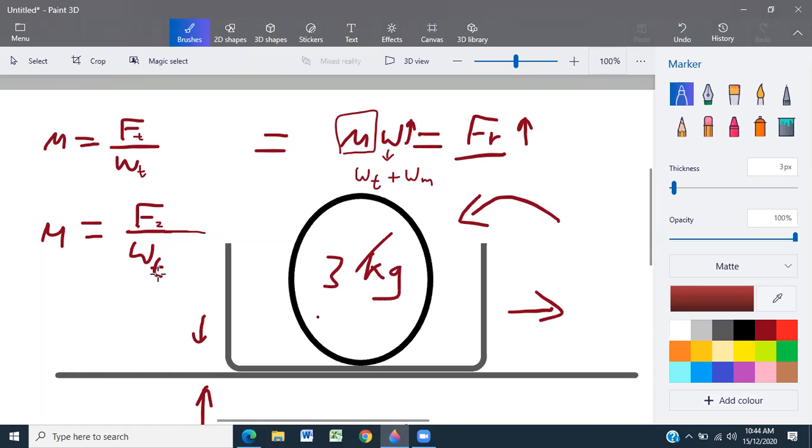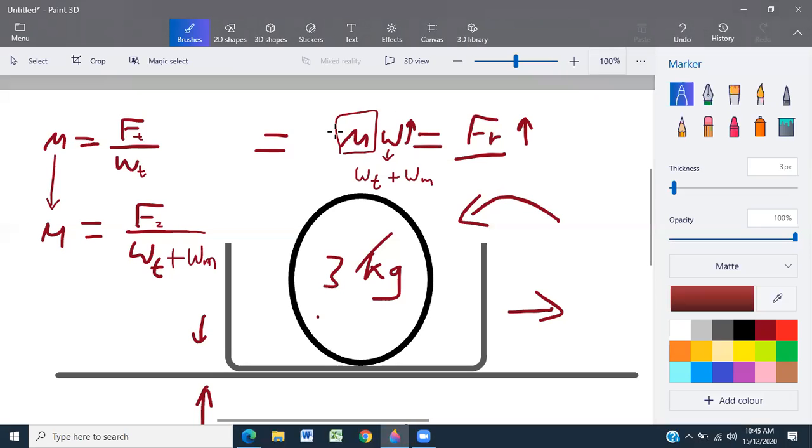So this W is not just the tray anymore at the bottom, right? This here is that plus Wm, the weight of the mass, is equal to the same coefficient of friction, right? Because when this goes up, this here is the coefficient of friction.